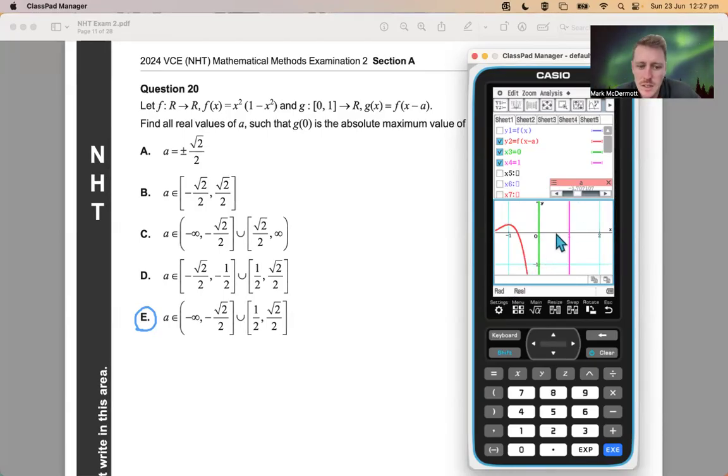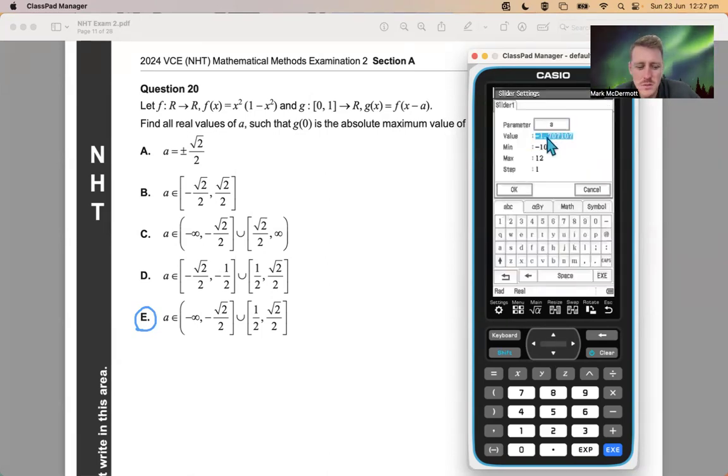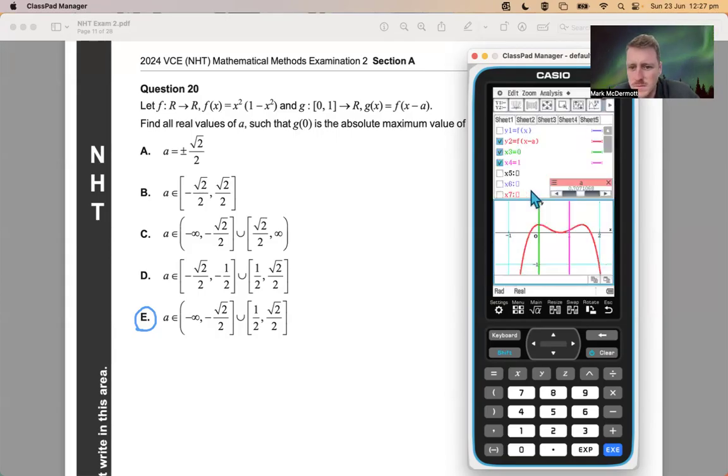So anything less than negative root 2 on 2 is fine, and positive root 2 on 2. So let's do that. Positive root 2 on 2. Okay, that also seems to give us an absolute maximum value of the function between 0 and 1.